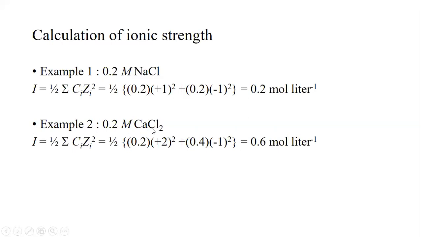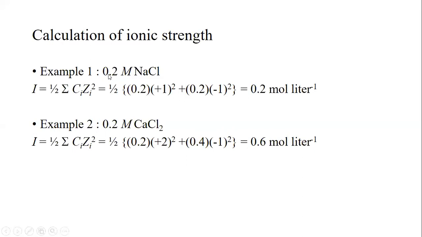We remember it gives us 2 chloride ions, so 0.4, open parentheses, -1, which is the valence of chloride, close it, squared. So this will give us 0.6 mole per liter.